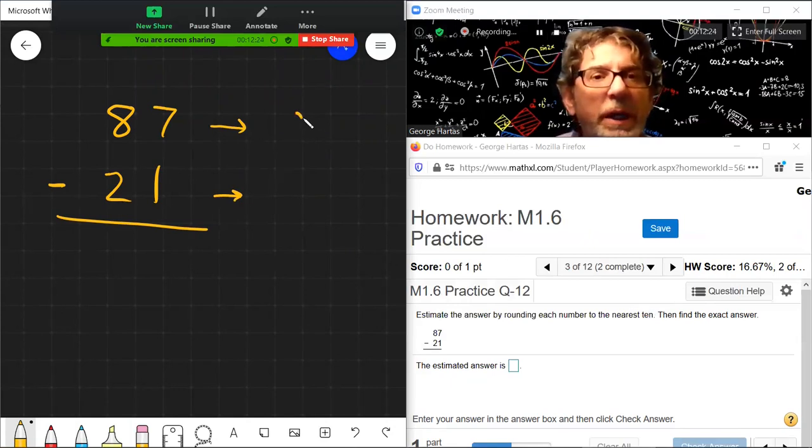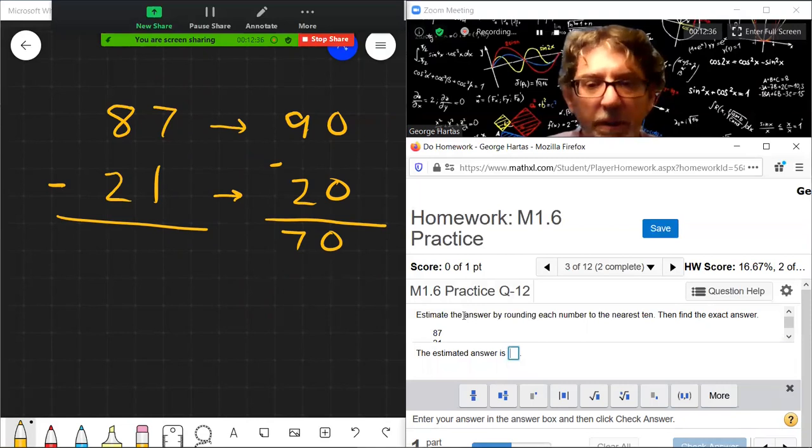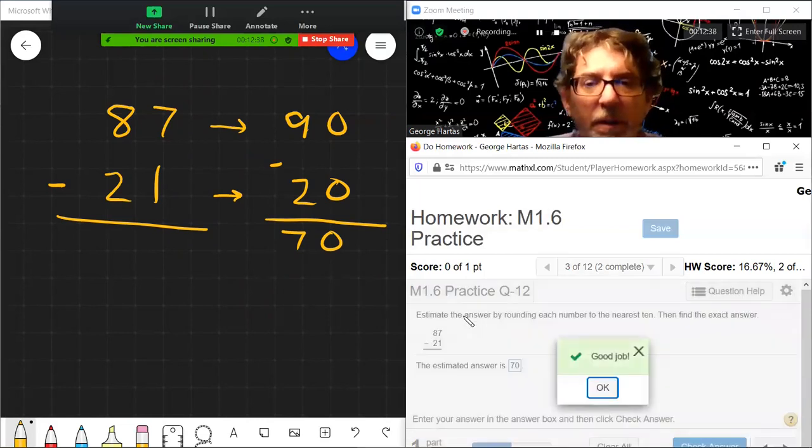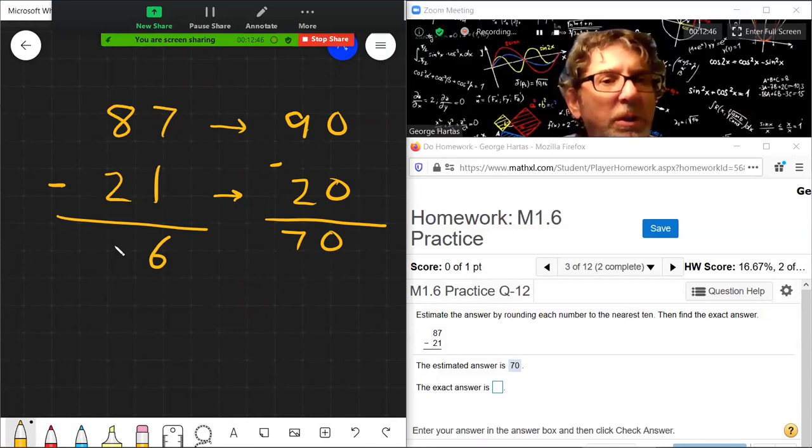So this is going to be a 90, and this is going to be a 20. And we're subtracting, and the difference is 70. Find the exact answer. 7 minus 1 is 6. 8 minus 2 is 6. The exact answer is 66.